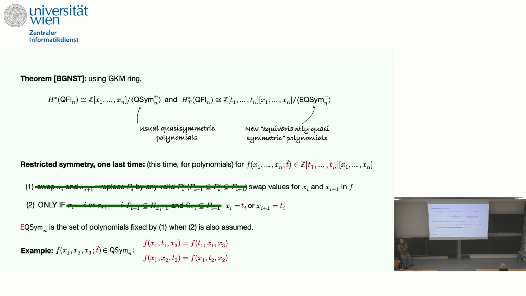The equivariant version of this theorem or definition is basically the same. The only difference is that now I set my x_i's equal to t_i, and I recover a definition of equivariant quasisymmetry that makes this cohomologically true.